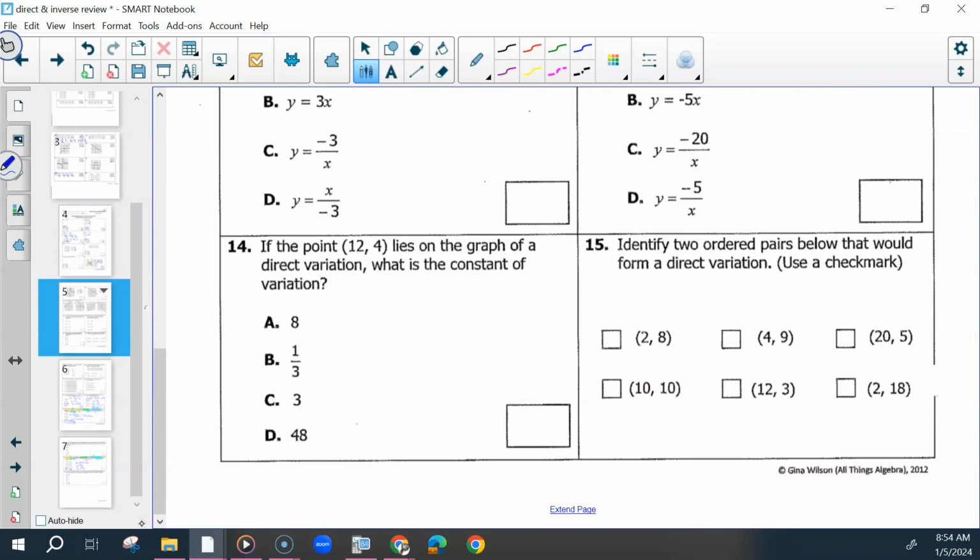So if the point (12, 4) lies on the graph of a direct variation, what is the constant of variation? So what are we looking for? What is the constant of variation?